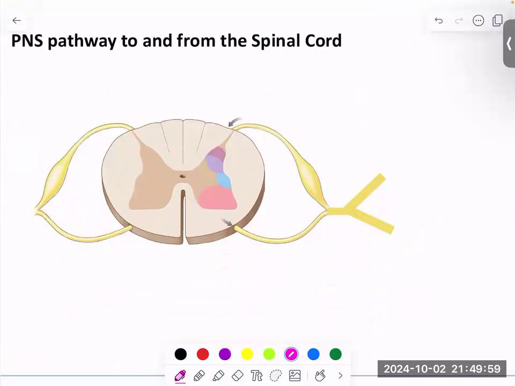So when it comes time to getting a motor response, this is where the neuron of a motor neuron begins, at the spinal cord. So you do have a motor neuron that comes from the brain. And then the next neuron begins right here, if it's going to your skeletal muscles.